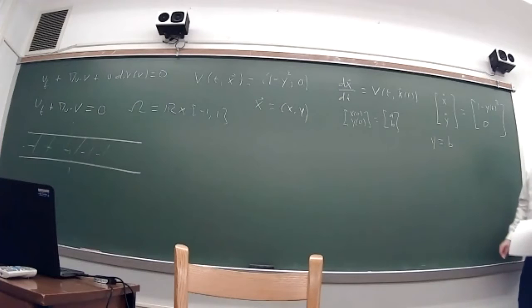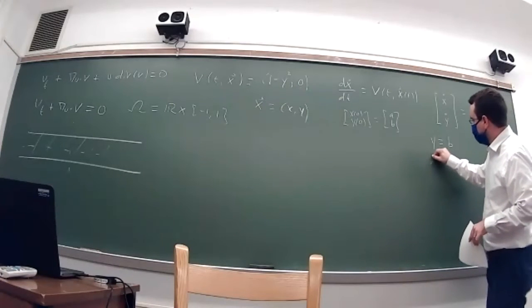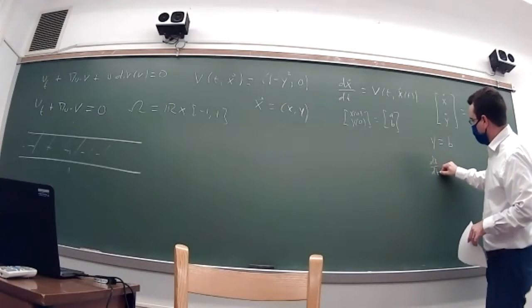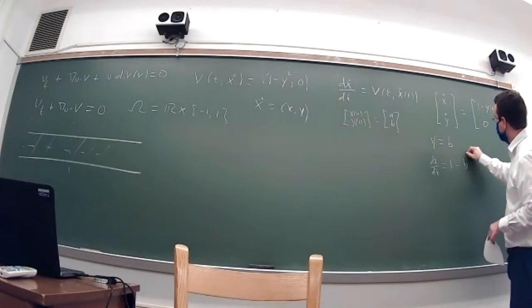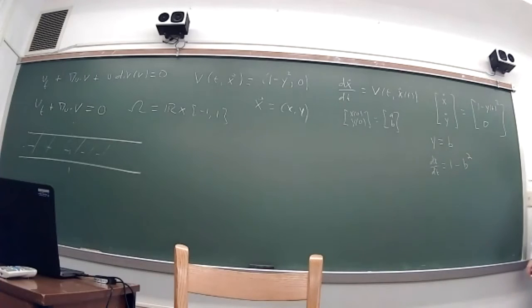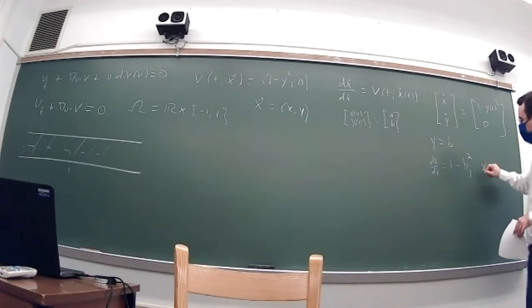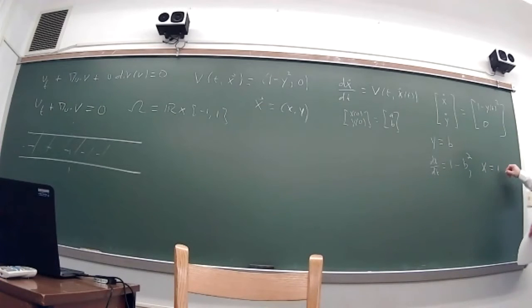And you now solve x dot, or dx/dt, equals 1 minus b squared, which is again just a constant. So you put it together.